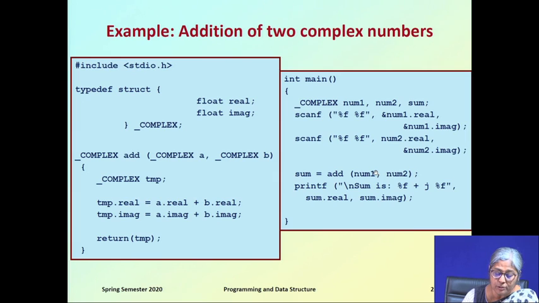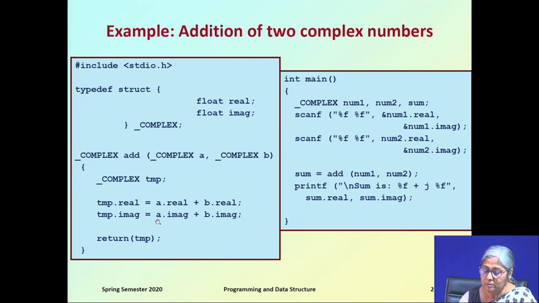If we see the add function, it returns temp. What is temp? Temp has the two variables temp.real and temp.imaginary. The value of temp.real is the sum of the real parts, and temp.imaginary is the sum of the imaginary parts of a and b.